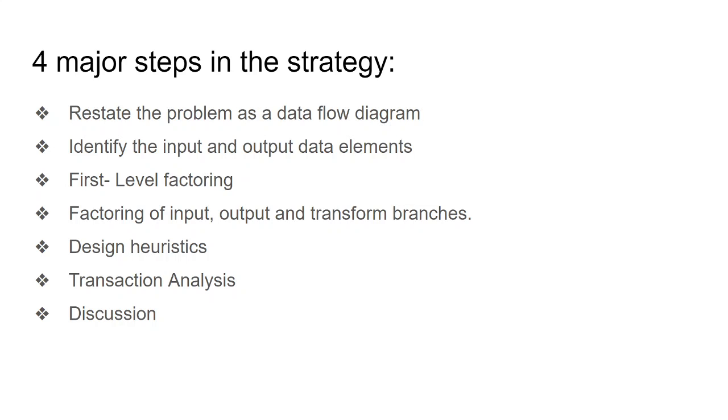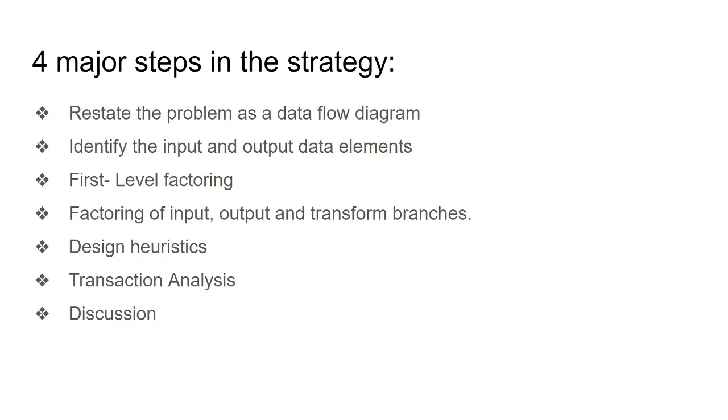So what is the first thing you need to do to build a system? Then after doing that, you factor the input, output and transform branches. This is what needs to be done.